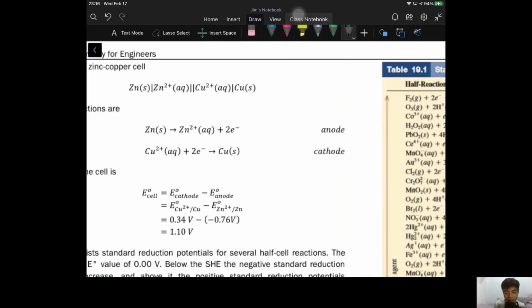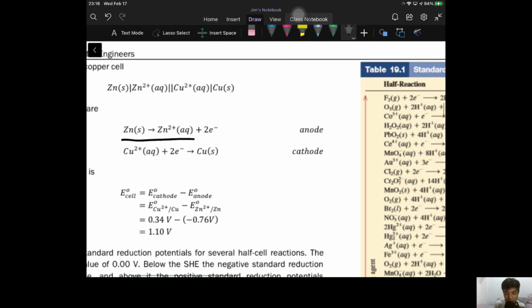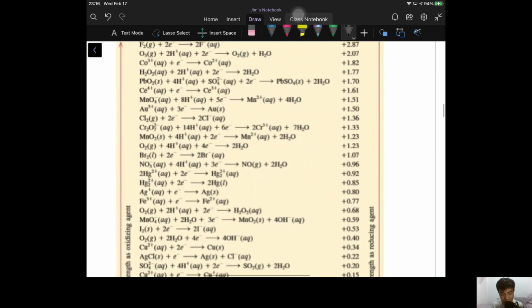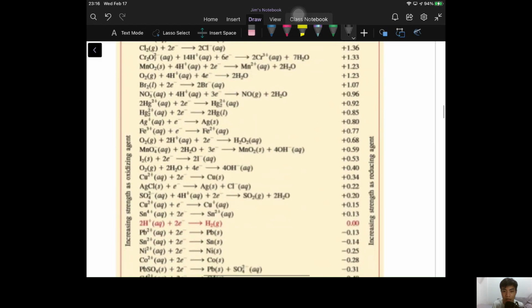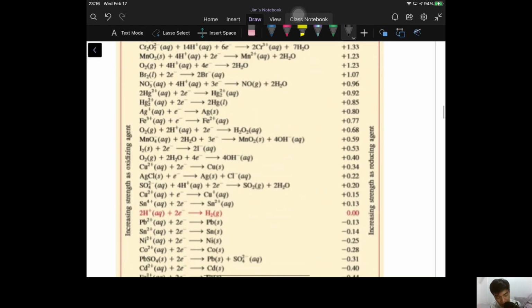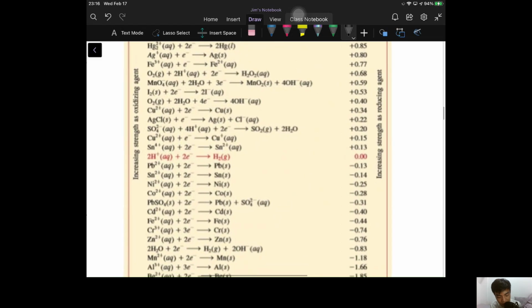So gagawin nyo is that hanapin nyo yung Zn2 plus reaction dito. So, hanapin natin yung zinc, pati Zn2 plus reaction. Regardless kung baliktad yan or hindi. No? So, ganun gagawin nyo. Hanapin nyo yung Zn2 plus. Okay, so ito siya. So, yan yung Zn2 plus.